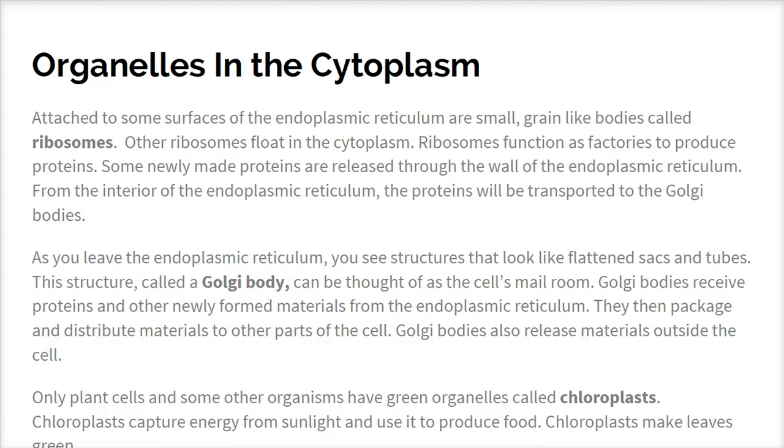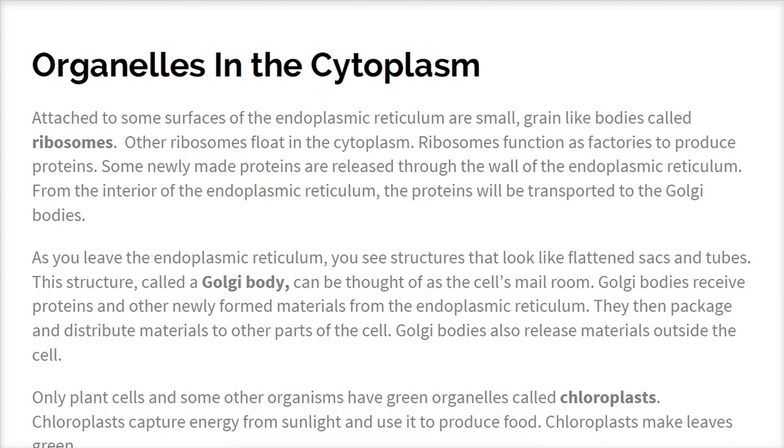Other ribosomes float in the cytoplasm. Ribosomes function as factories to produce proteins. Some newly made proteins are released through the wall of the endoplasmic reticulum. From the interior of the endoplasmic reticulum, the proteins will be transported to the Golgi bodies.